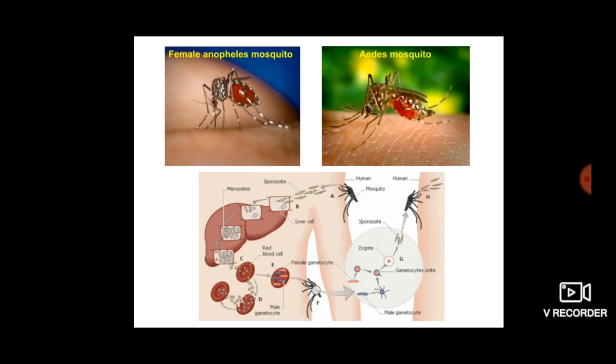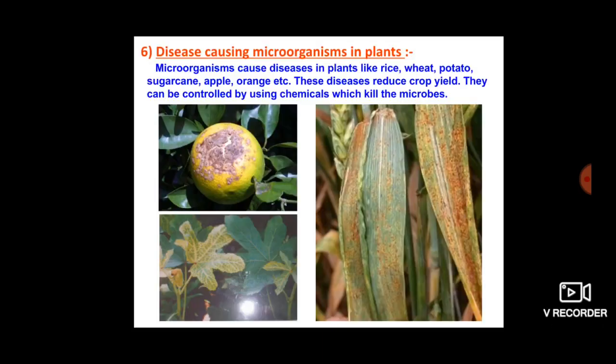Either dengue or malaria is a communicable disease. There are also other diseases like chikungunya, smallpox, common cold. These are all communicable diseases that spread from one person to another.